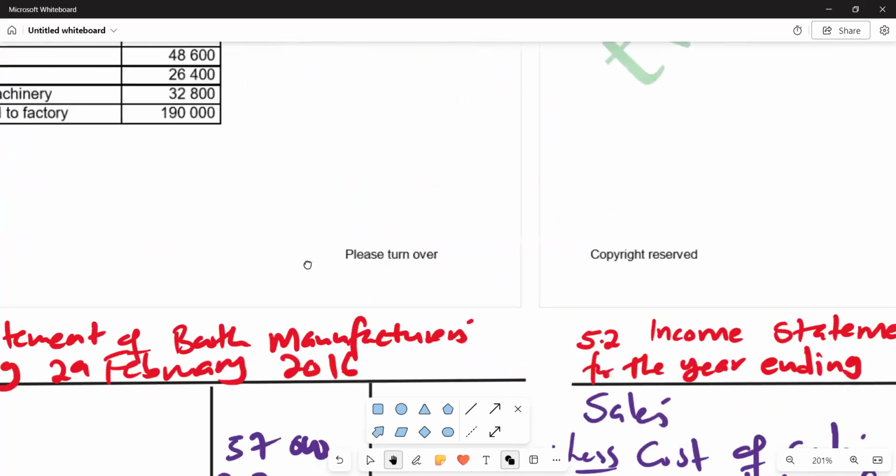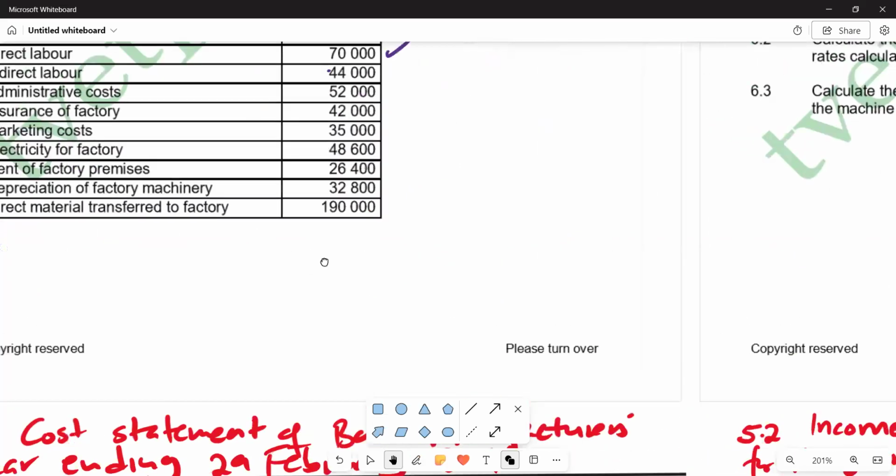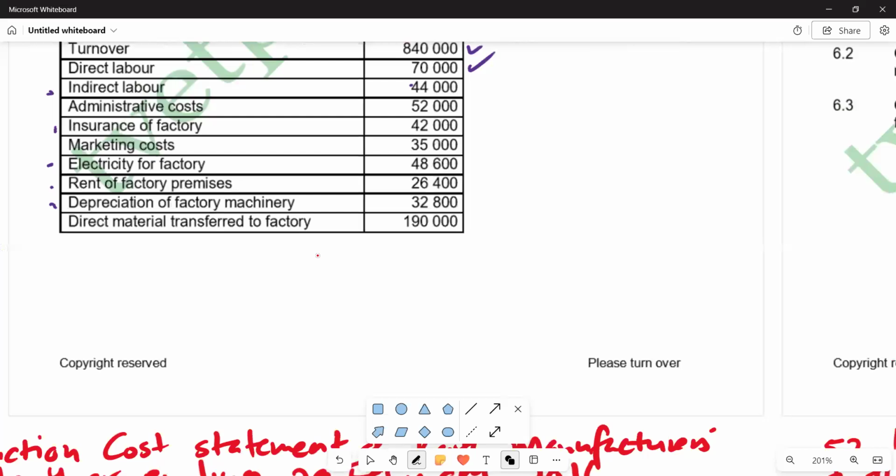If you go down, you see that we've got administrative costs of 52,000 that we need to include. We've also got marketing costs, which is 35,000. So we are going to include those two, and we subtract them so that we can get our net profit.